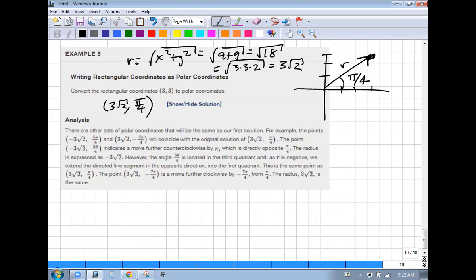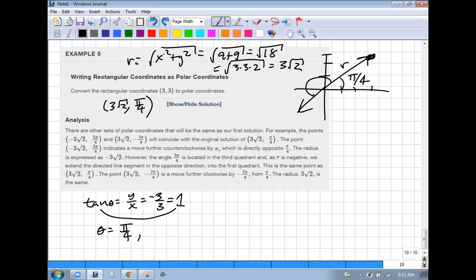So 3√2, and we already know the angle is pi over 4. We went to the right 3 and up 3. Does that make sense? We'd say, what is theta? Well, we know that tangent of theta is y over x, which would be 3 over 3, or 1. If tangent theta is 1, then theta has to be either pi over 4, or what about this? -3 over -3 is also equal to 1, right?